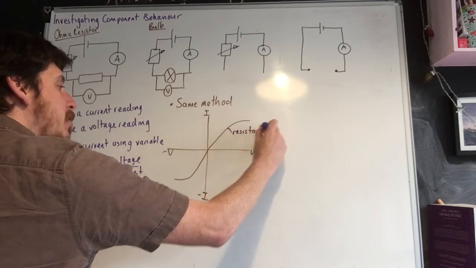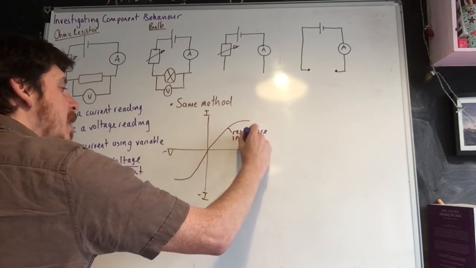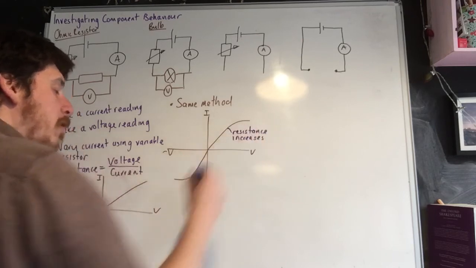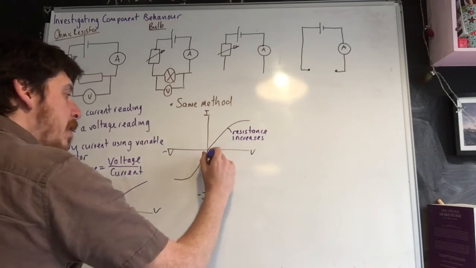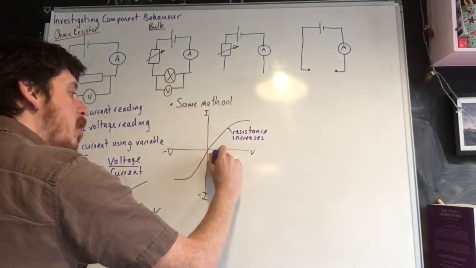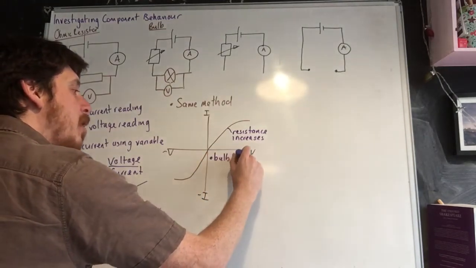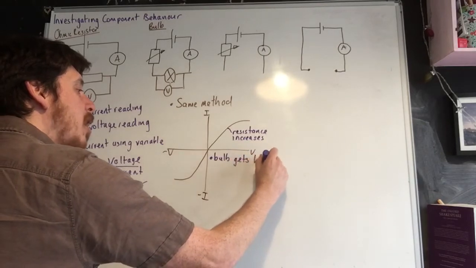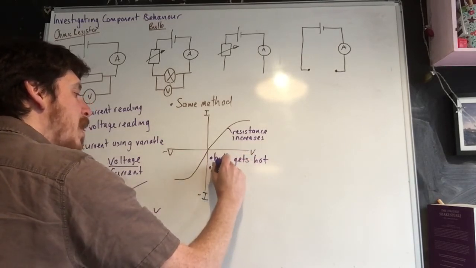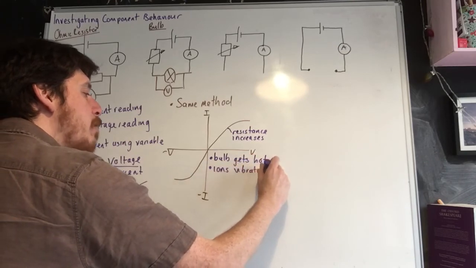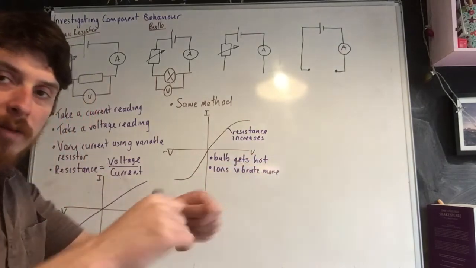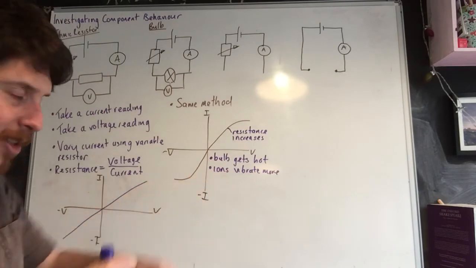Now, the reason why we have got a resistance increase, so the resistance increases, and therefore the current does not increase at the same rate, is because the bulb gets hot, which means the ions inside the bulb vibrate more, and that's because they've got more kinetic energy because the ions are heated up.